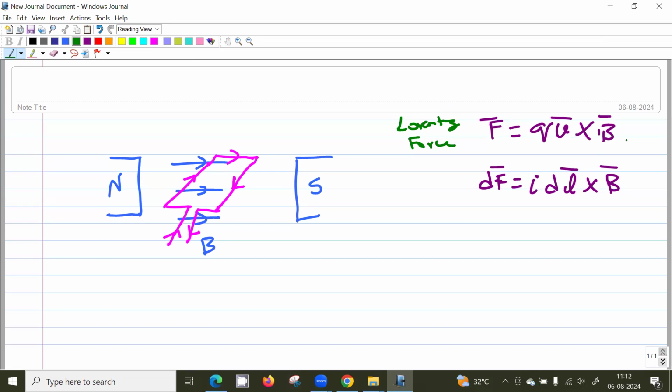Using this I can get that, because a current carrying conductor is nothing but a collection of charges moving in one particular direction.